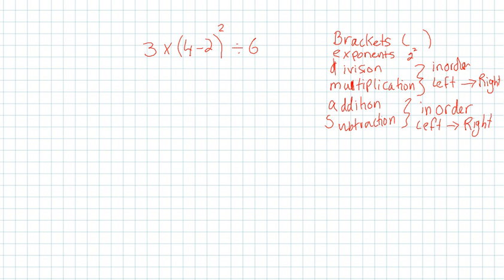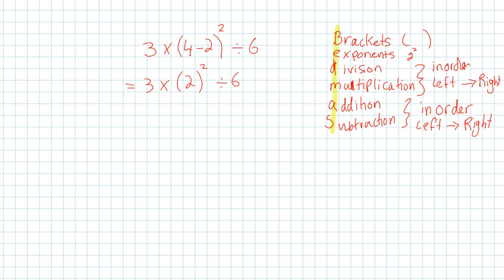I can't just go and start adding and subtracting and multiplying without following a specific order, right? So in this case, as you can see, I have to start with the brackets, right? So simplify whatever is inside the bracket. That's the first thing. So I have 4 minus 2, so this is the first thing that I have to do. So it's going to be equal to 3 times 4 minus 2 is 2 squared divided by 6.